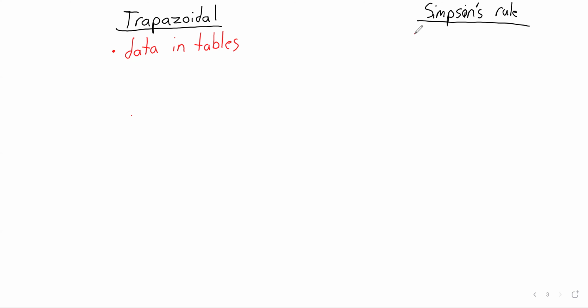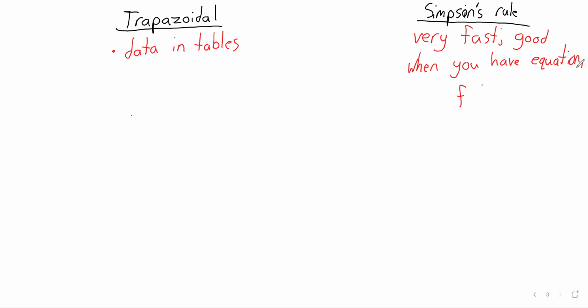Simpson's rule is very fast. It's good when you have an equation.